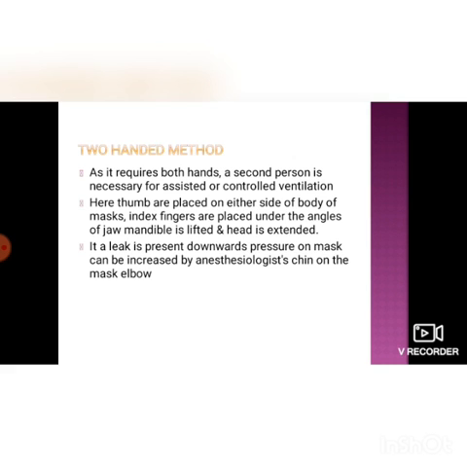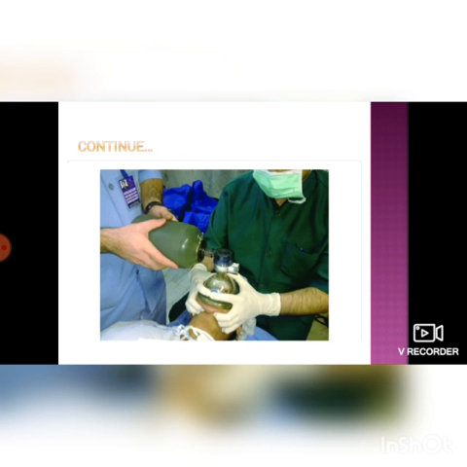If a leak is present, the downward pressure on the mask can be increased by the anesthesiologist. The picture is shown.